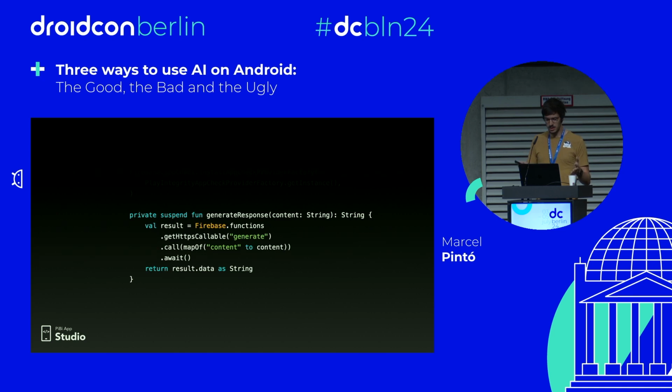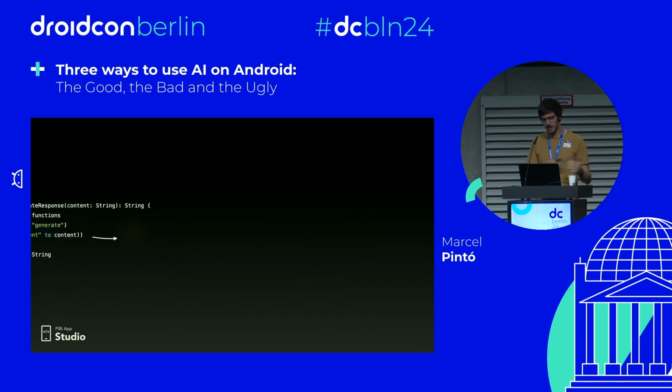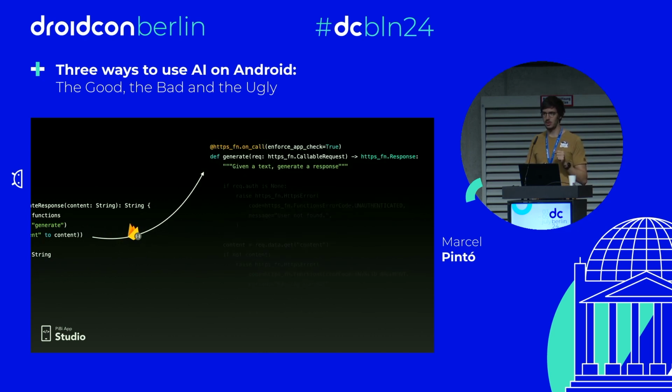It's pretty straightforward, the SDK. You basically define the name of the function that you want to call, and you pass the parameters, and you wait for the reply. Then the SDK will automatically use the AppCheck token to validate whether it's a trusted device or not. We'll call our Firebase function.